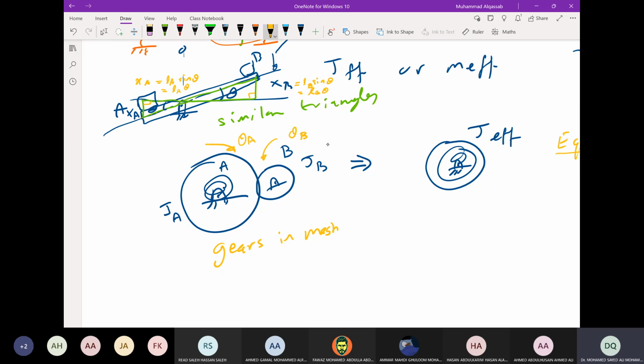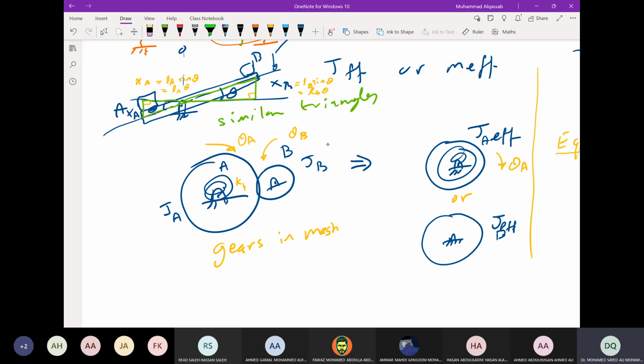Suppose there is a spring here, KT, then this becomes an oscillatory system. So you can get J effective for this system in terms of theta A, or you get another equivalent disk with J effective. I can say JA and JB.